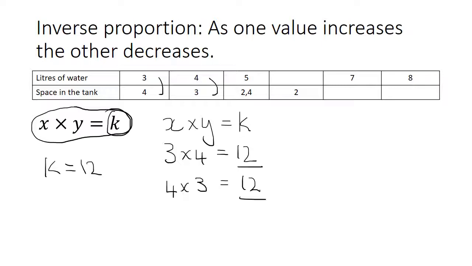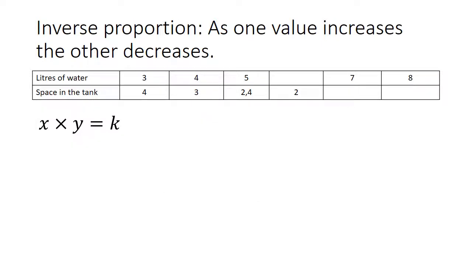So we'll use that to work out our missing values in the table. Okay. Remember, we just worked out that k is equal to 12, so I'm just going to write it down here for us. Let's swap out our first value. We've got the y value, so we just have to work out what the x value is.